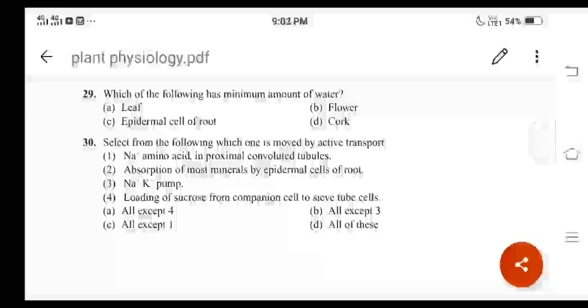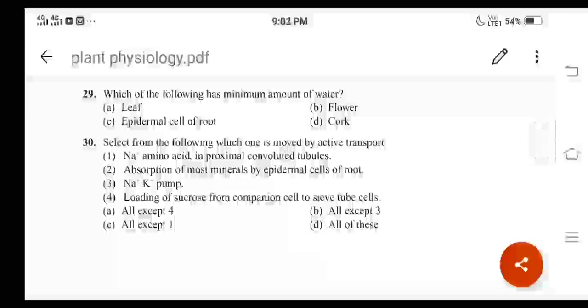Then question number 30. Select from the following which one is moved by active transport, right? Four different statements are there. Here, Na+ and amino acids in proximal convoluted tubules, right?